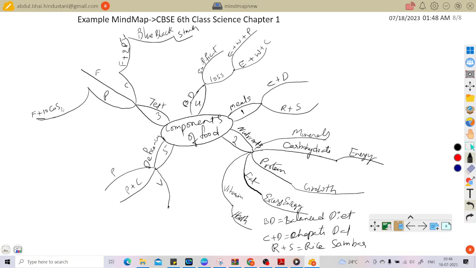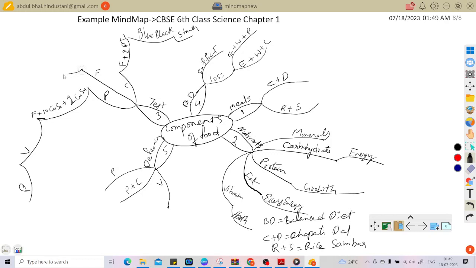And 2 drops of copper sulfate. I'm just writing CuSO4 as a shortcut. And if that turns out to be violet color, then we say it has a protein, right? That's it.